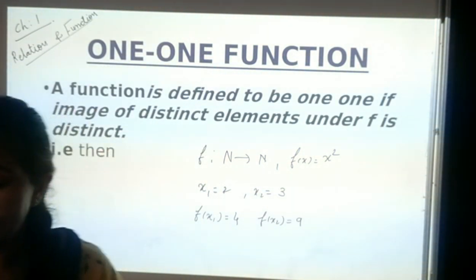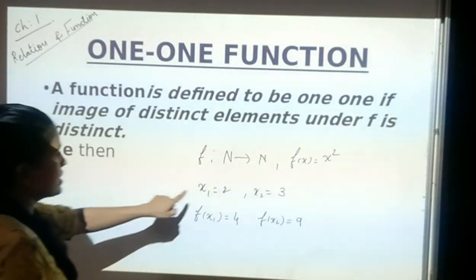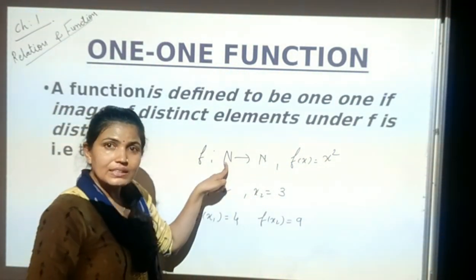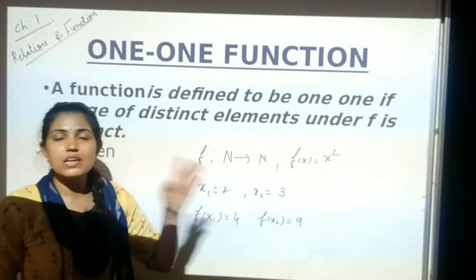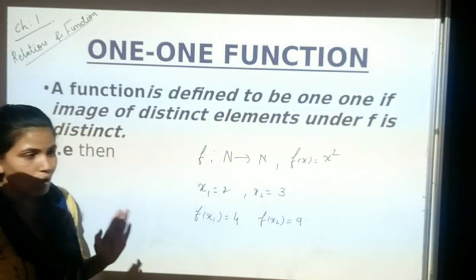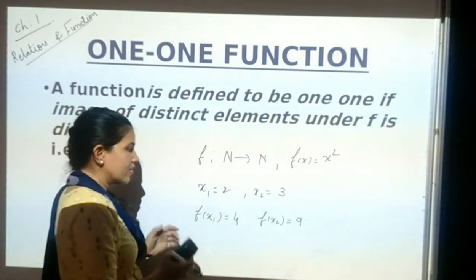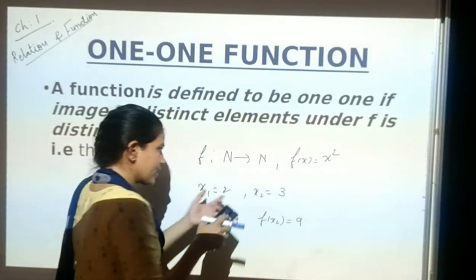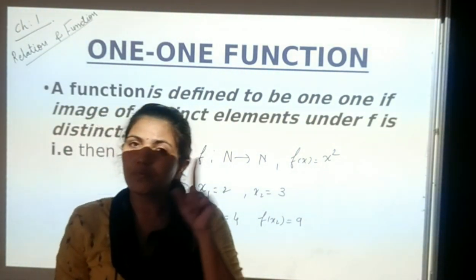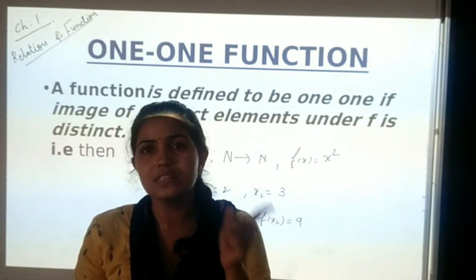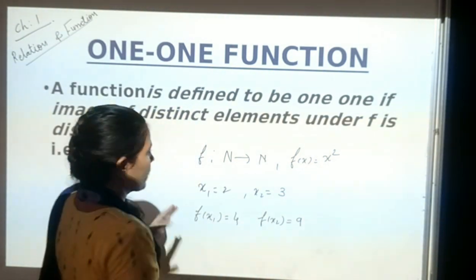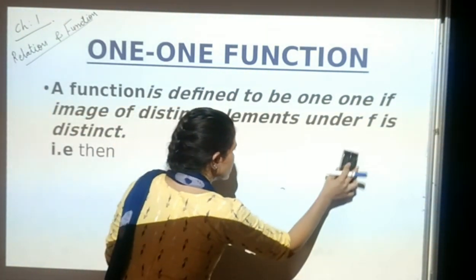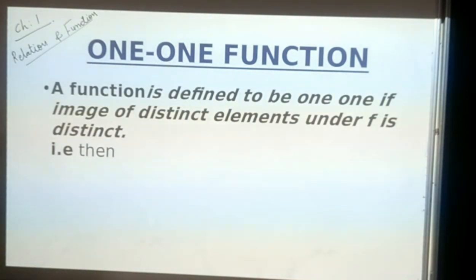So this is called a one-one function. One-one function means if we take two distinct elements from the domain, then you will get distinct images under those elements. In another word, if we take two same elements from the domain, then you will get the same value.